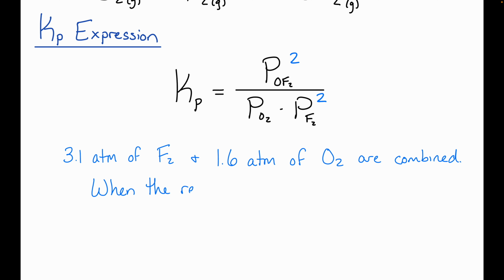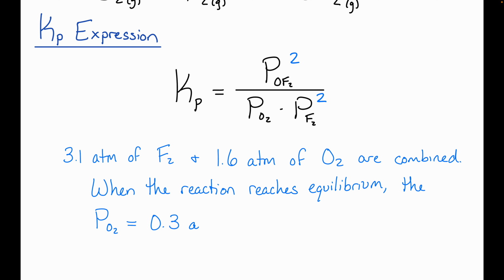When the reaction reaches equilibrium, the partial pressure of oxygen is 0.3 atm.